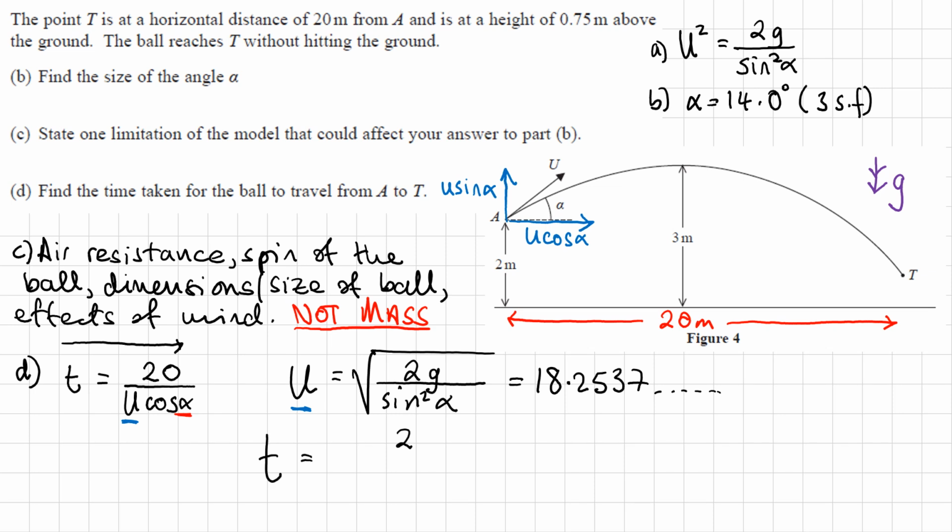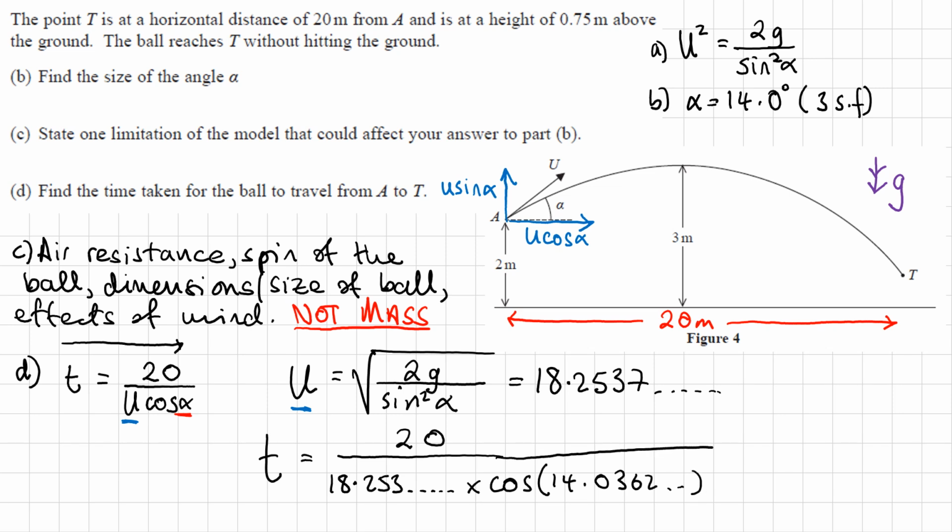So t is 20 over u, so again I'll be using the answer button, 18.253 number, times the cosine of my angle, so that's 14.0362 number, and then stick that all in on a calculator and see what we get for t.